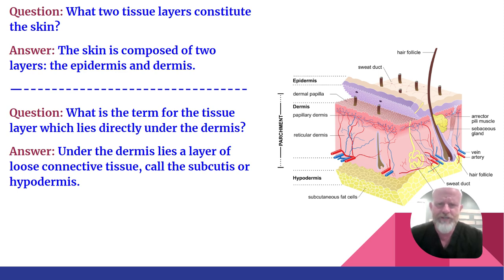Next question, what is the term for the tissue layer that lies directly beneath the dermis? So the answer to this is actually the hypodermis. Basically subcutaneous tissue, and that's basically where the fat is. You look at the picture here, you can see that the dermis is here. It's made up of two different layers. I'm going to kind of repeat myself, so maybe that'll hopefully help you guys remember.